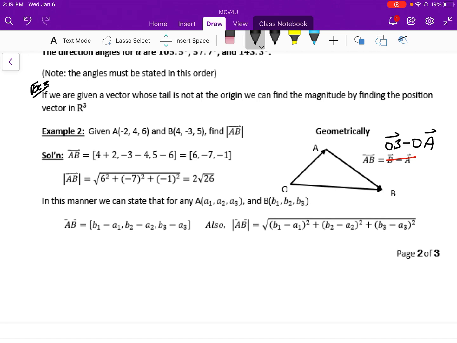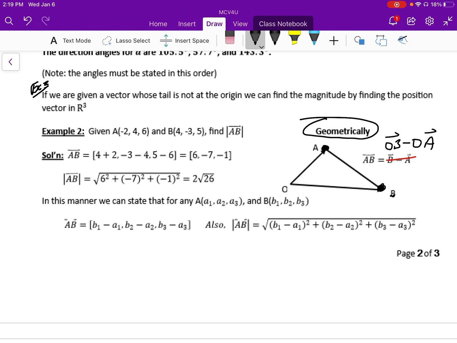And I think it makes sense to do it that way, to understand geometrically why we're doing things this way algebraically. If you've got your point A, your point B, find the magnitude of AB. Well, we have to come up with what the vector itself is.